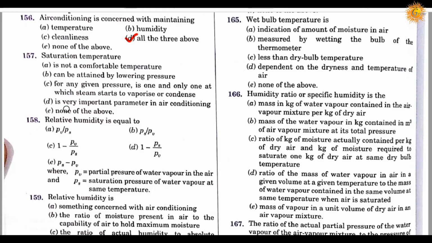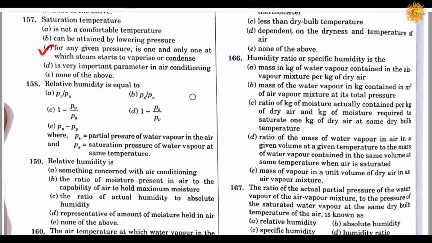Option D is a very important parameter in air conditioning, and option E is none of the above. So the correct answer is C, for any given pressure, because it's a saturation temperature, only one at which steam starts to vaporize or condense.